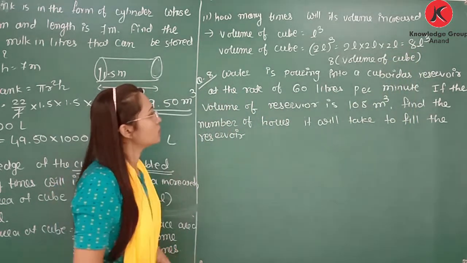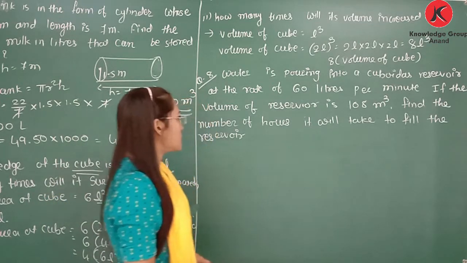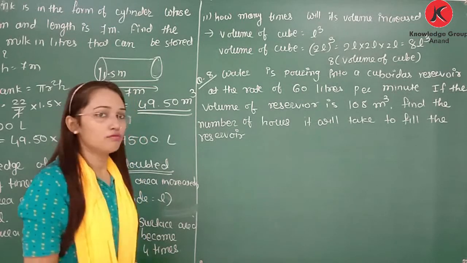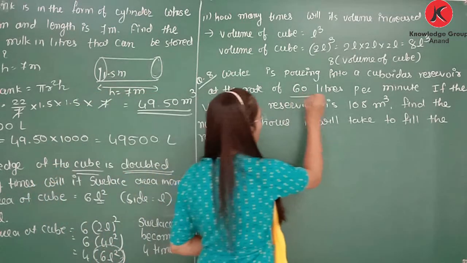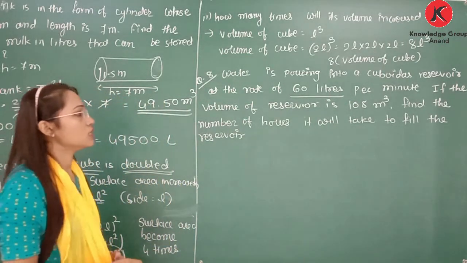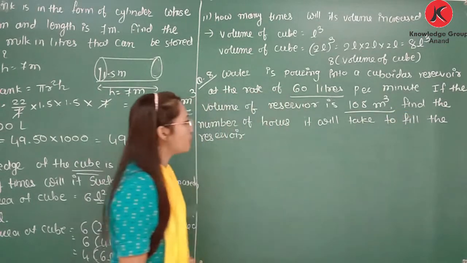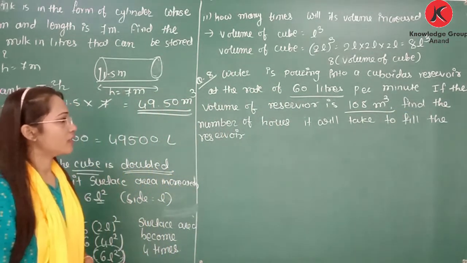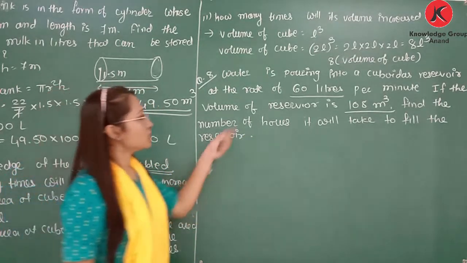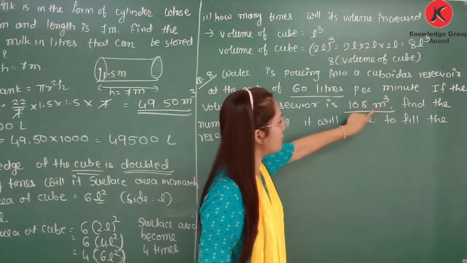Clear? Now next one. Water is pouring into a cuboid reservoir at a rate of 60 liters per minute. So in 1 minute, 60 liters of water is pouring into the reservoir. If the volume of the reservoir is 108 meter cube, find the number of hours it will take to fill the reservoir. So here you can see the rate is given in 60 liters per minute and volume is given in meter cube.